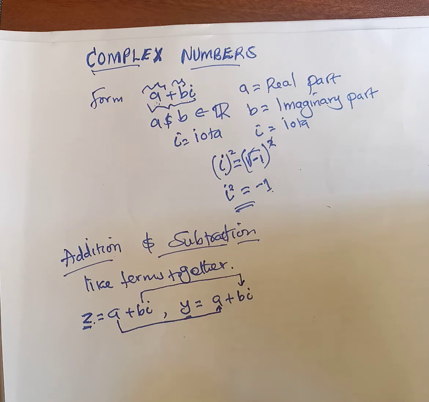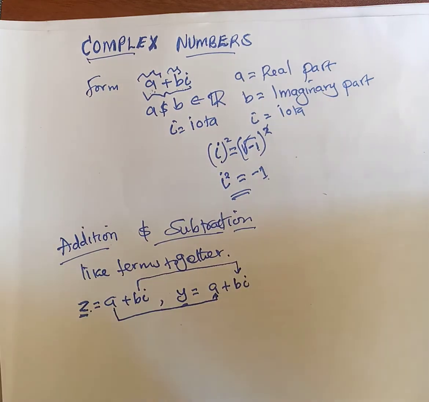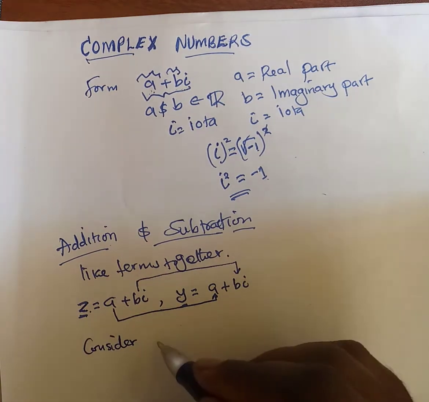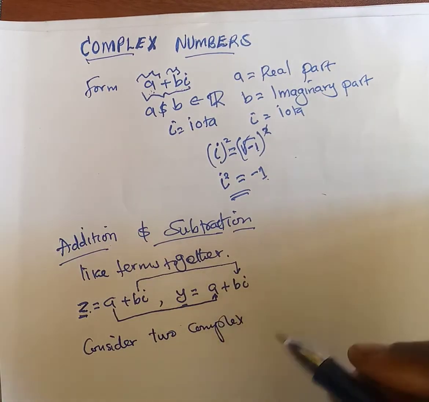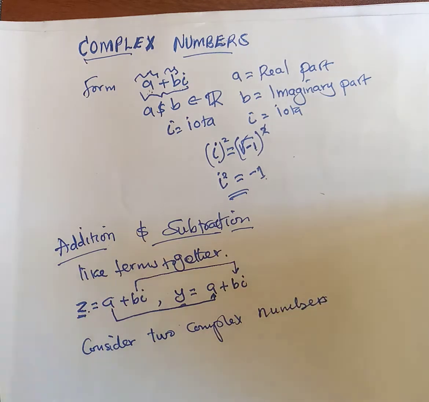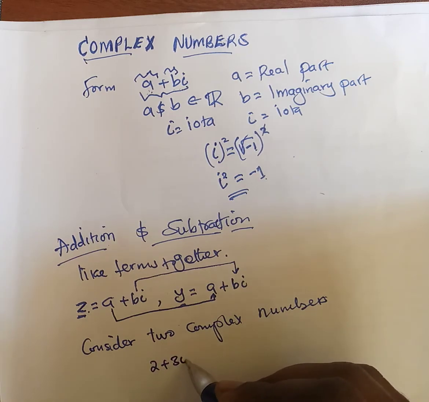Now, let's be a little bit more specific on the choice of these complex numbers. Consider these two complex numbers. The first one is 2 plus 3i.